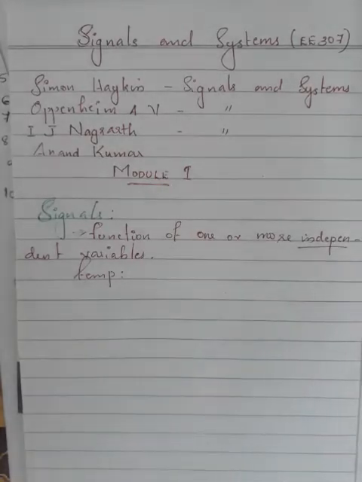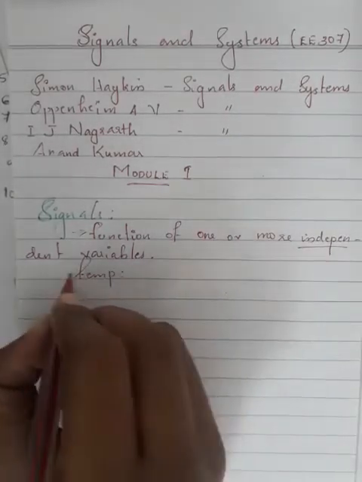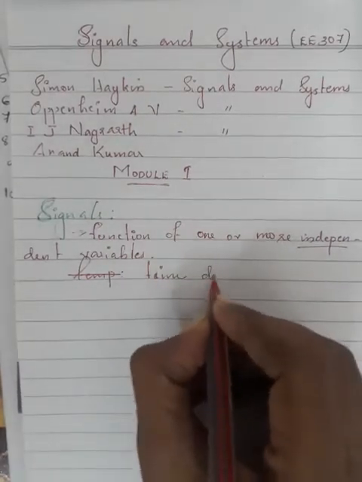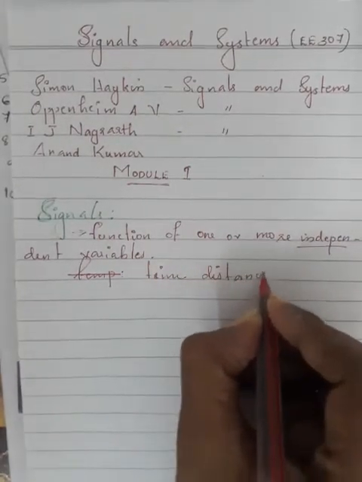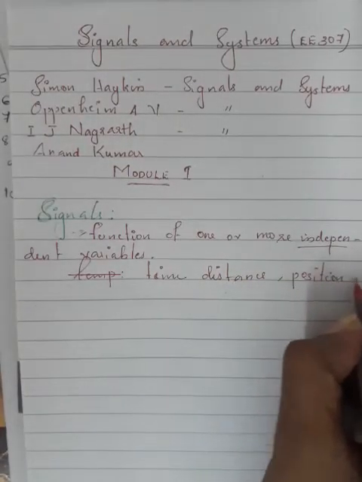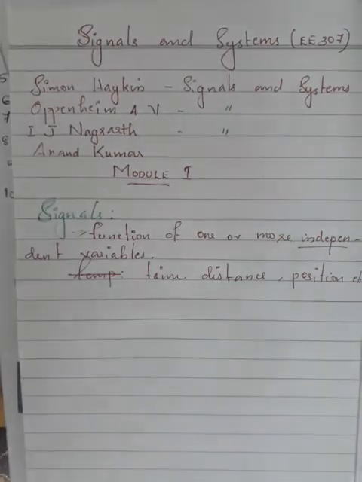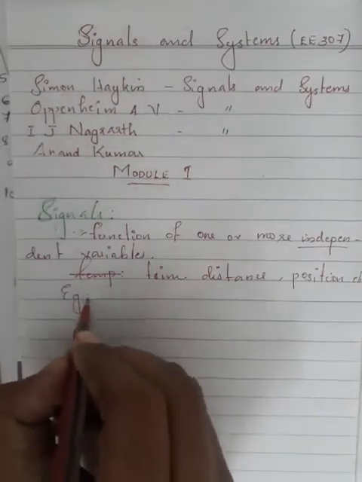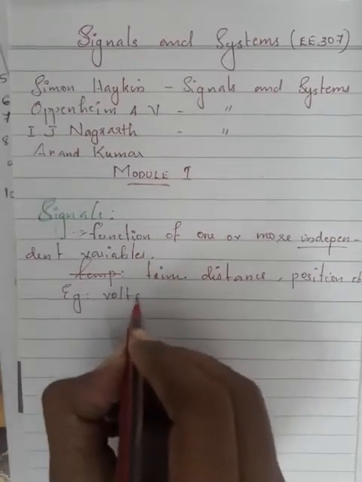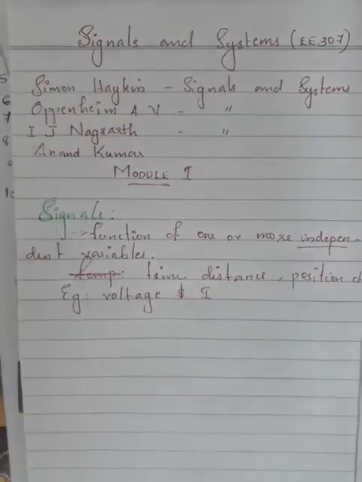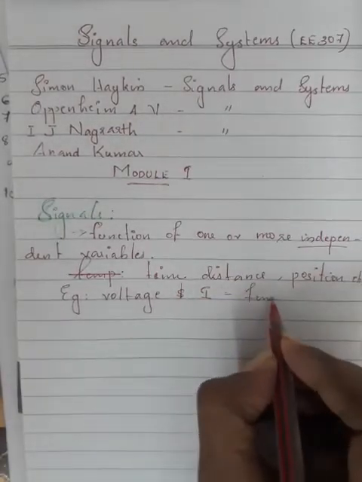That independent variable may be time, distance, position, etc. Now, voltage and current are functions of time.